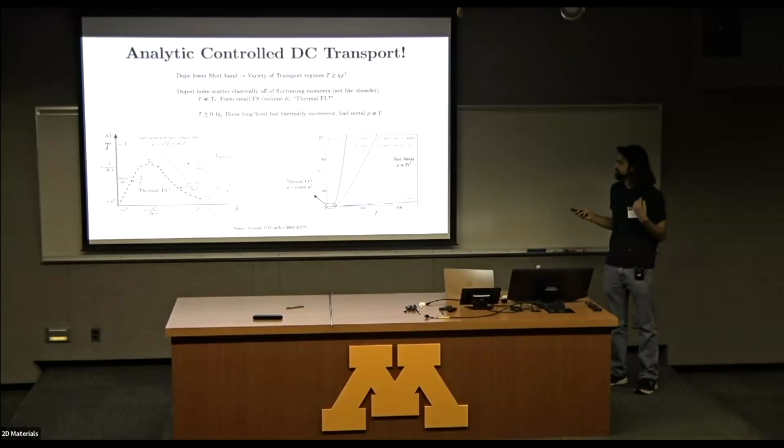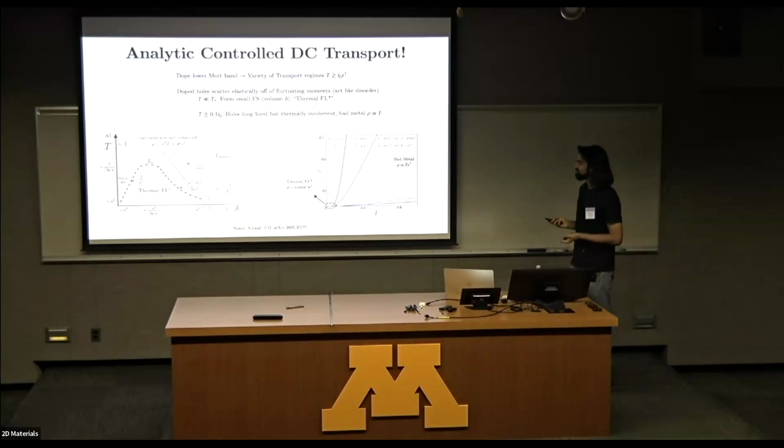They form a small Fermi surface, of volume delta, and so we called it a thermal FL star, because this volume is the same as a true quantum FL star regime, but it's a thermal FL star because you don't have a spin liquid, you have fluctuating moments that are thermal. But you have a separation of scales, and the Fermi surface is parametrically coherent. And in this thermal FL star, you get some constant resistivity times S squared.